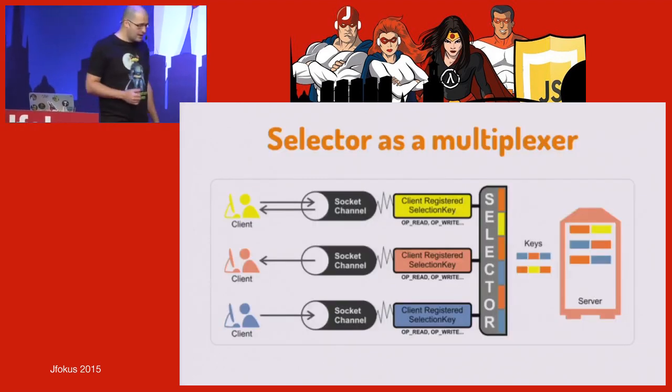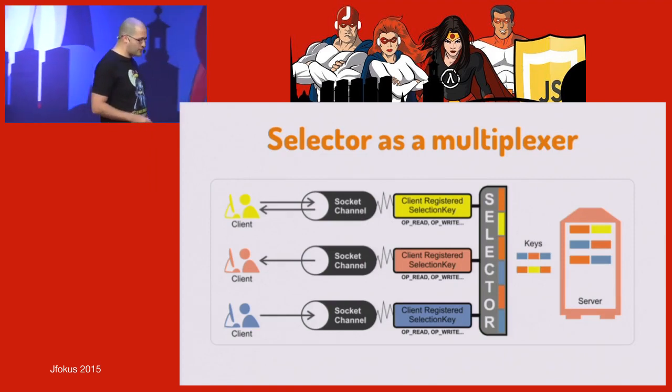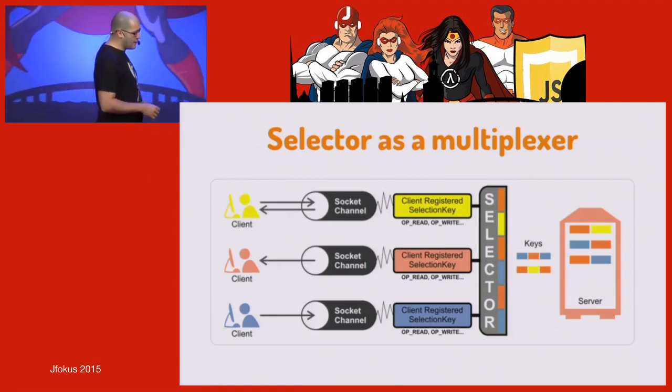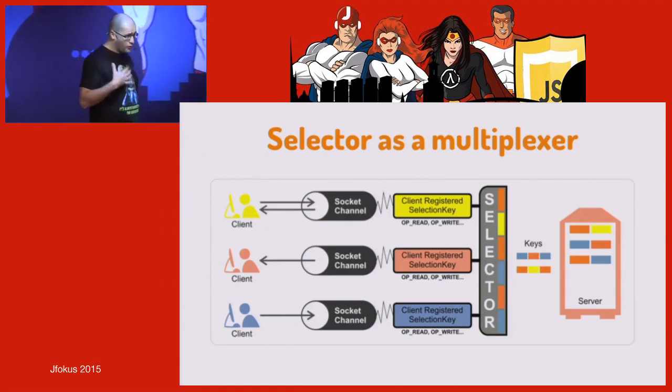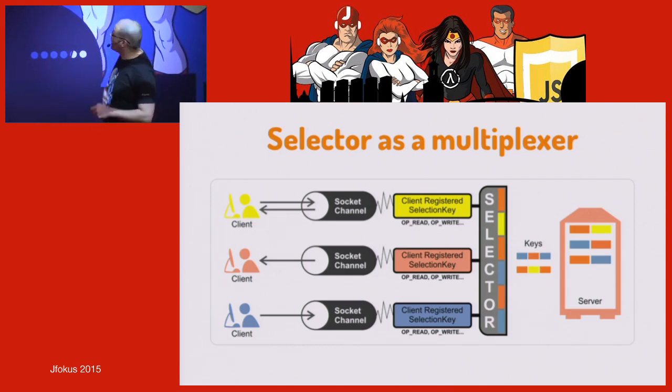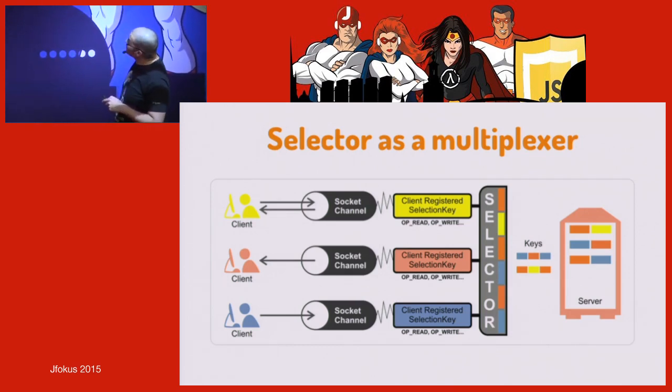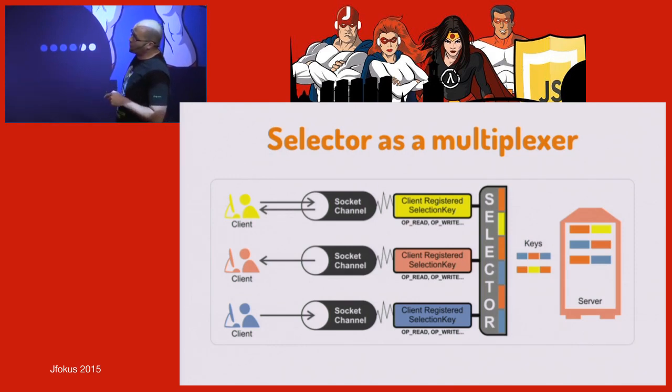But let's get back for a second to the Reactor. This is the actual diagram of how it works from the client perspective. Clients get connected by opening a socket channel for everything they want to do, and then they register themselves for different operations.